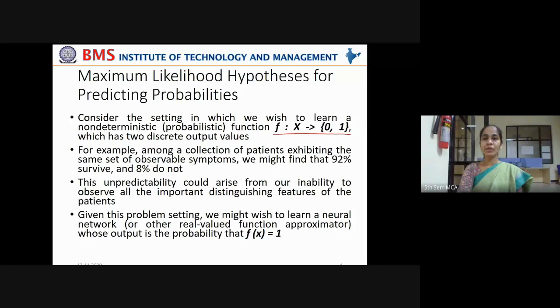Now, consider the setting in which we wish to learn a non-deterministic function f defined as x mapped to 0, 1, which has two discrete output values. So the discrete output value, say, the patient is tested as positive or negative. The customer is predicted to be fraudulent or not fraudulent. The insurance claim is a fraudulent claim or a genuine claim.